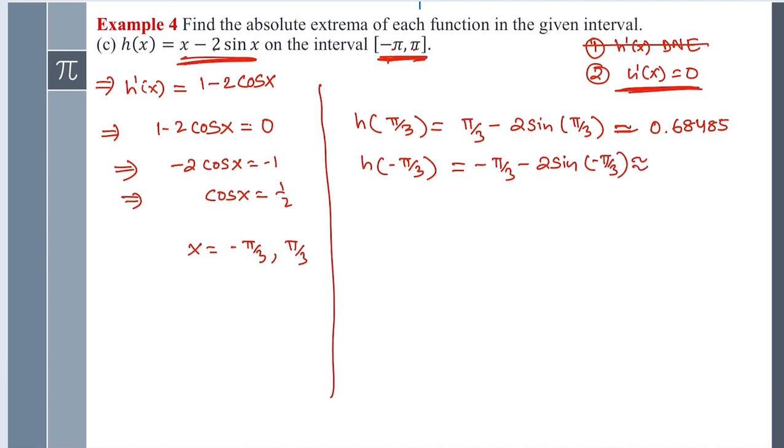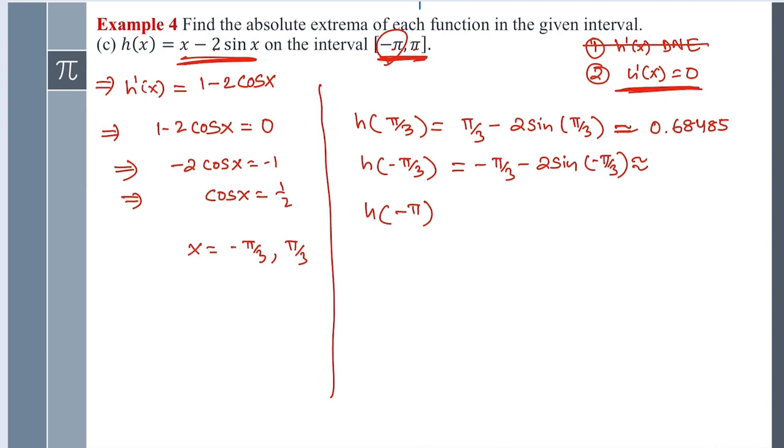Make sure it's in radian mode. We are not going to use degrees here. Okay, then h at negative pi over 3... oh, I made a mistake here.